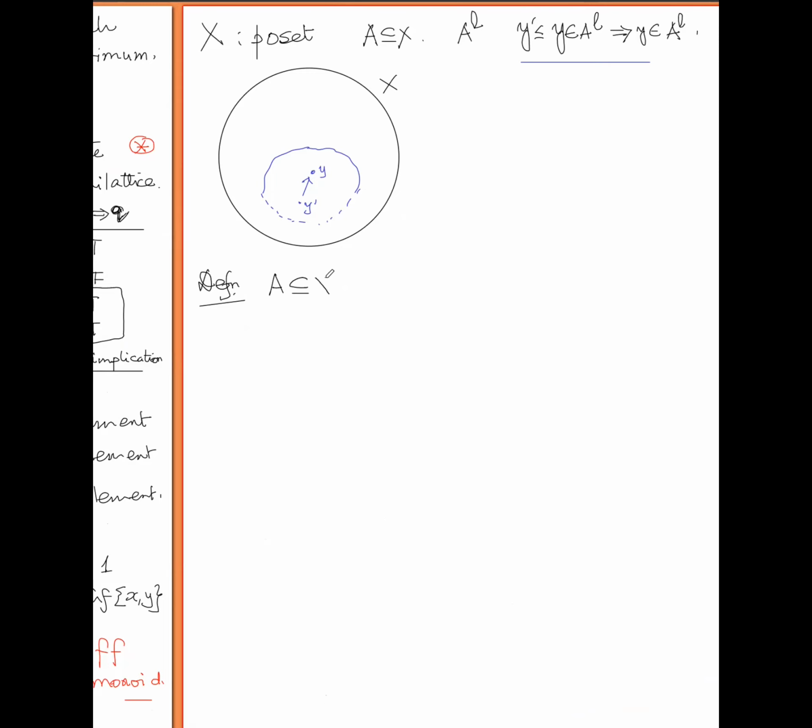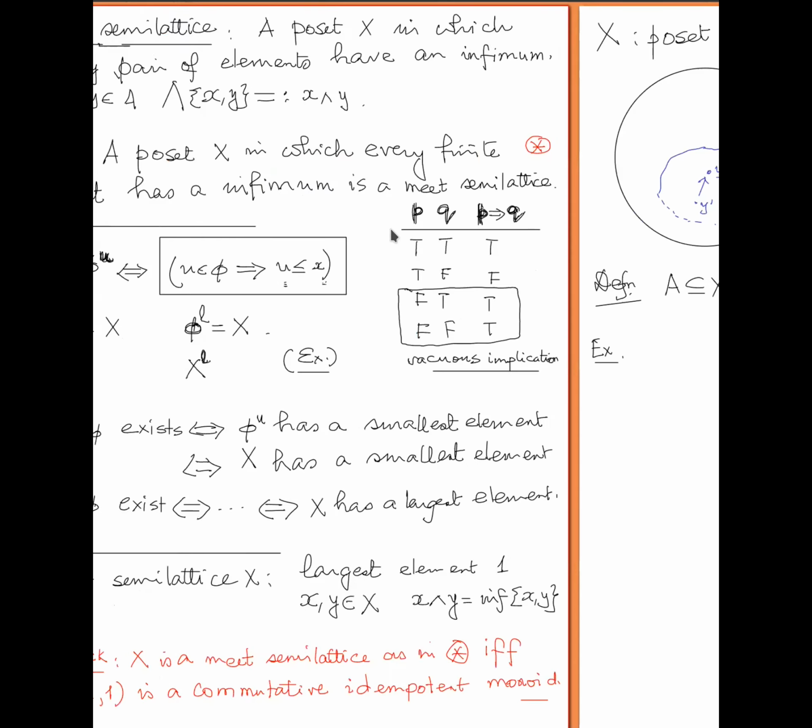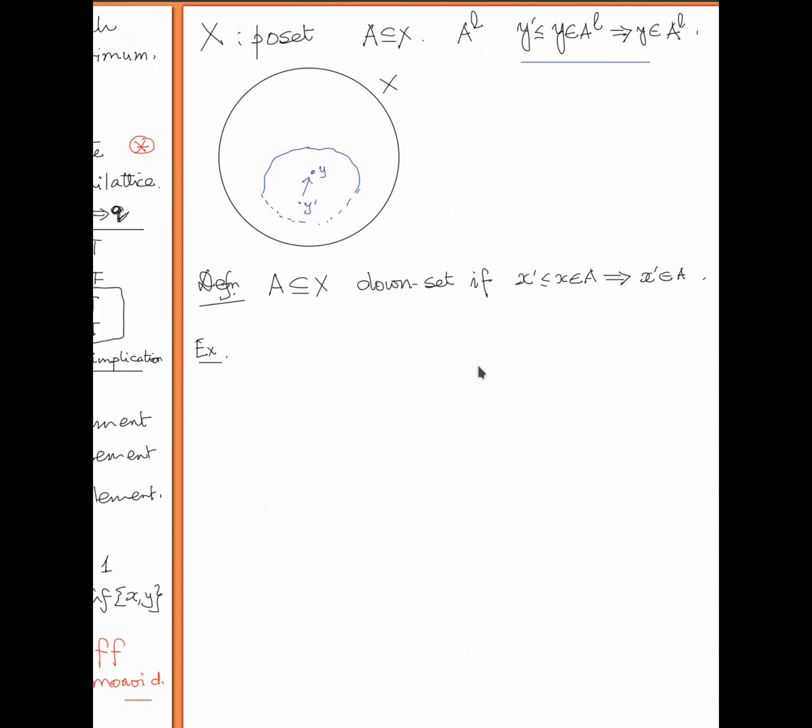A subset of this is called a downset if, okay, so you see, obviously, as an example, again using this vacuousness, can you give me a downset in any poset?